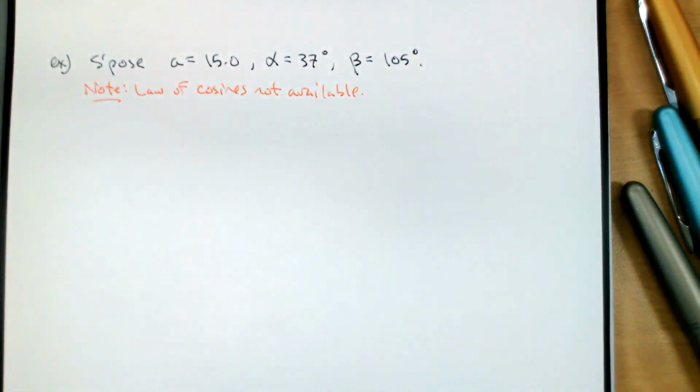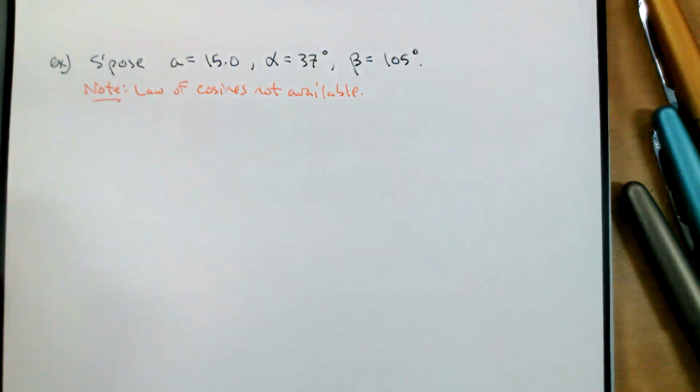We cannot put this information into the law of cosines. We do notice that we have side A and angle alpha, and that tells us that we can use the law of sines, but it's not the first thing that we're going to do. The first thing we should do is subtract. As soon as you have two angles, subtract to find the third angle.